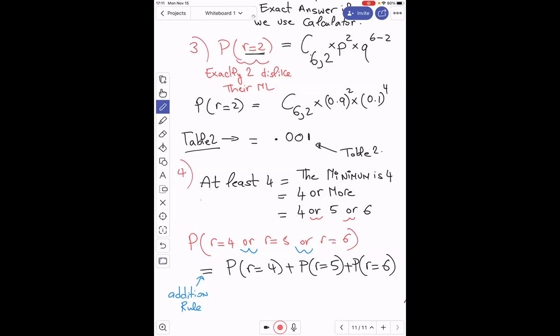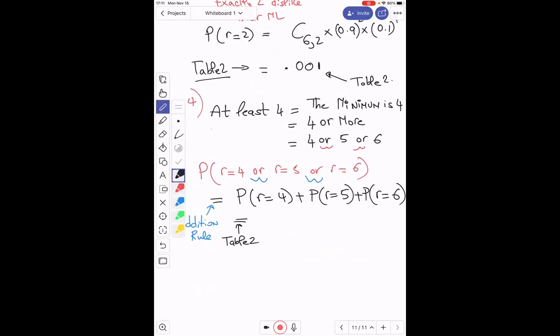Now, for the probability that R is 4, you can just use the table. Again, N is 6 and P is 0.90. When R is 4, the answer is 0.098. For R equal to 5, we have 0.354.